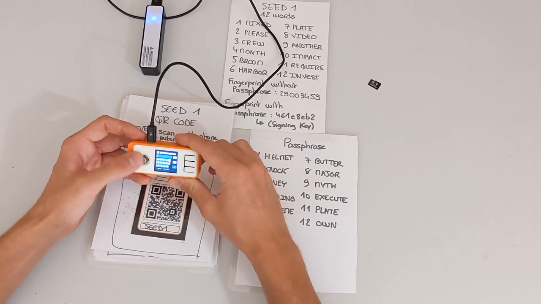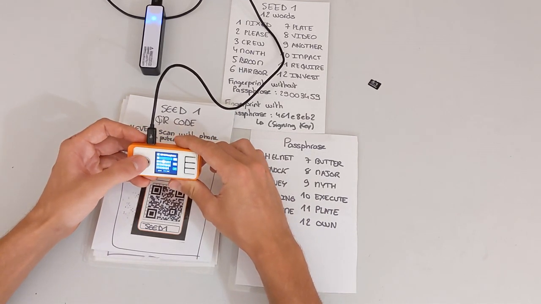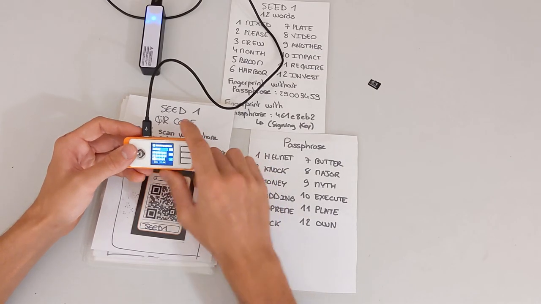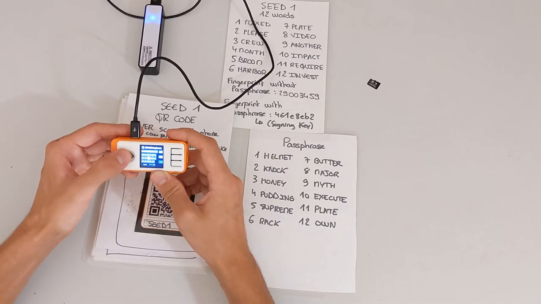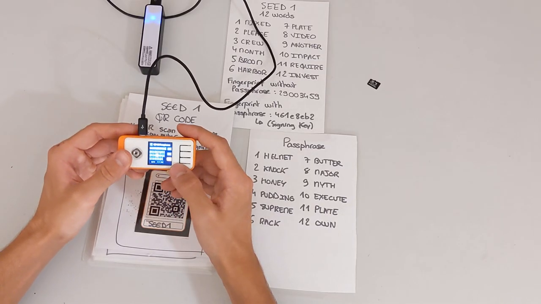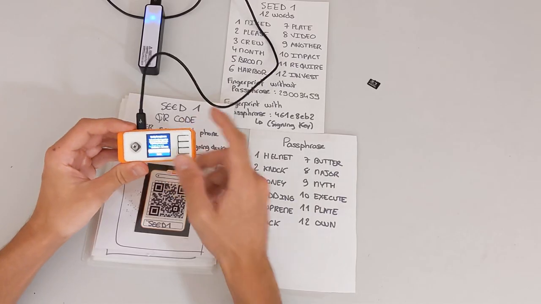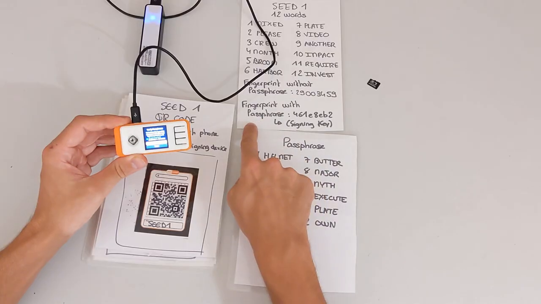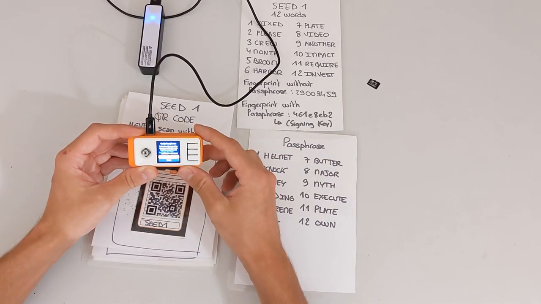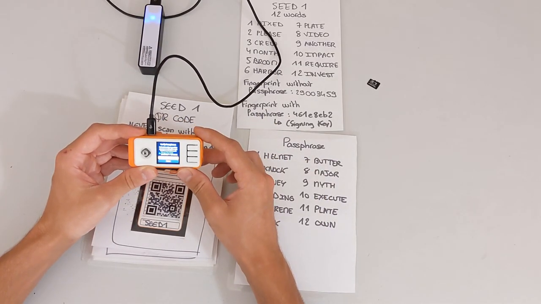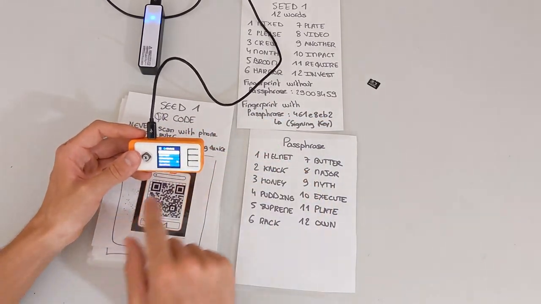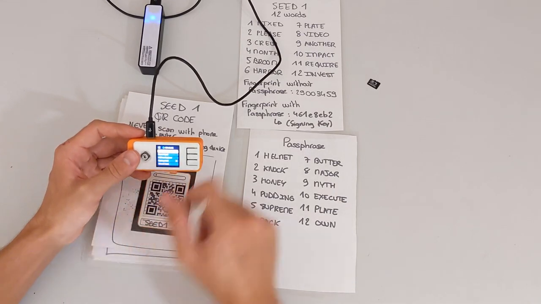So we're gonna add the passphrase, and then check the new fingerprint, which is the fingerprint with passphrase, and it's 461E8EB2. And this is our signing key right there that we have loaded in the device.